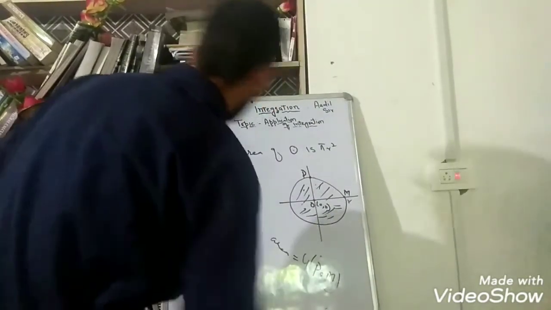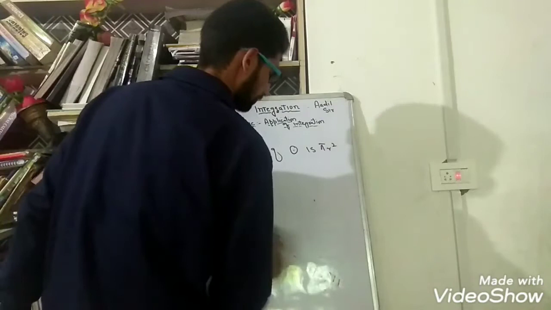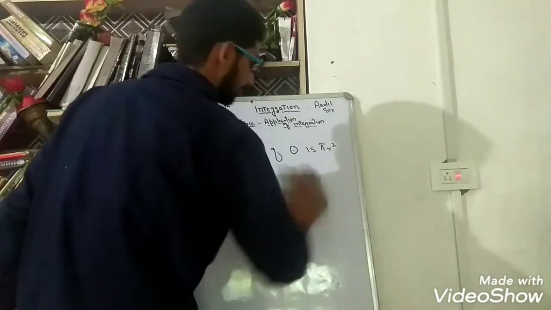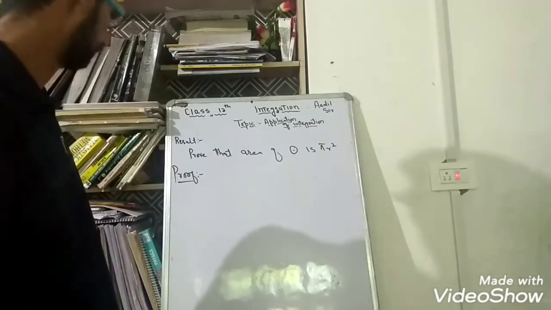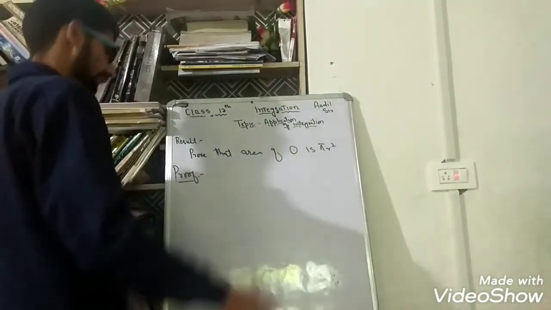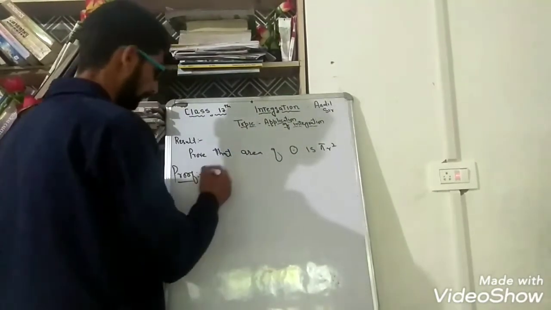Now we can apply our application of integral. The formula is that the definite integral from a to b of f of x dx is equal to the area bounded by the ordinates and the x-axis under the curve. So now you write the proof.